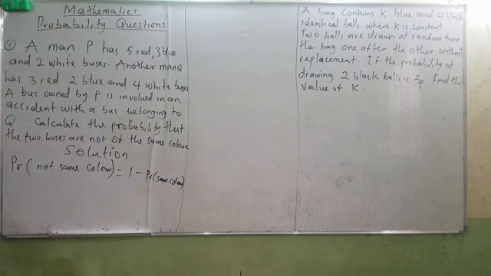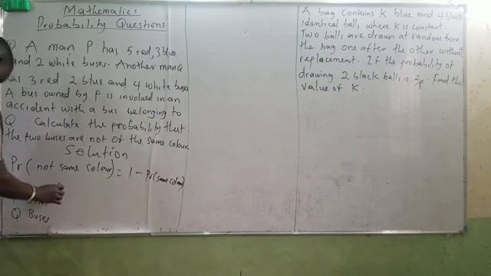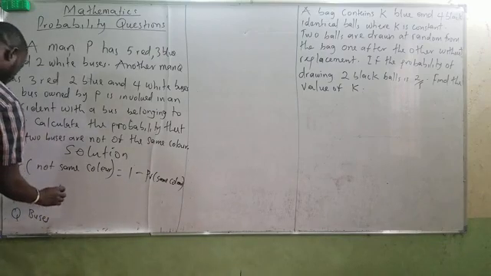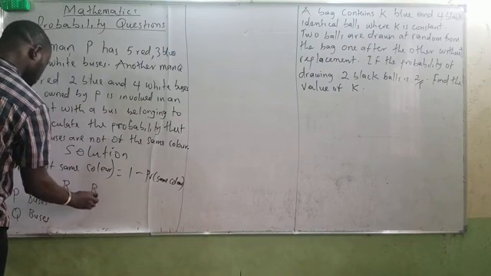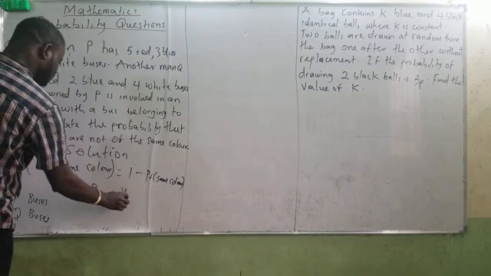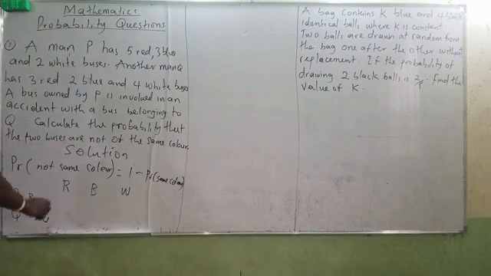Now, let me generate my probability of the same color. What you just need to do is title it P buses, Q buses. I'm talking about red, blue, and white.